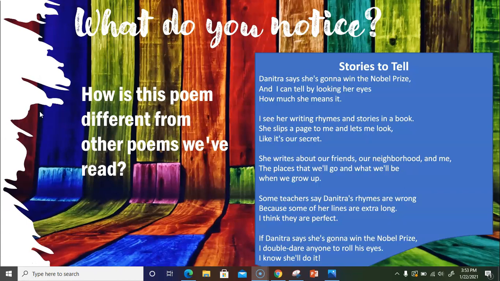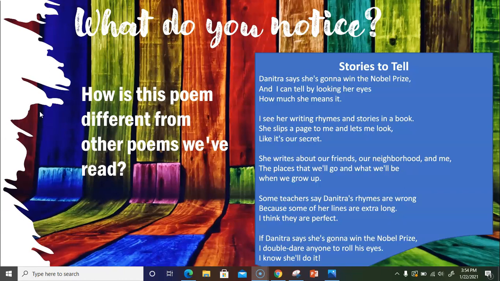She writes about our friends, our neighborhood, and me, the places that we'll go and what we'll be when we grow up. Some teachers say Denitra's rhymes are wrong because some of her lines are extra long. I think they are perfect. If Denitra says she's going to win the Nobel Prize, I double dare anyone to roll his eyes. I know she'll do it.